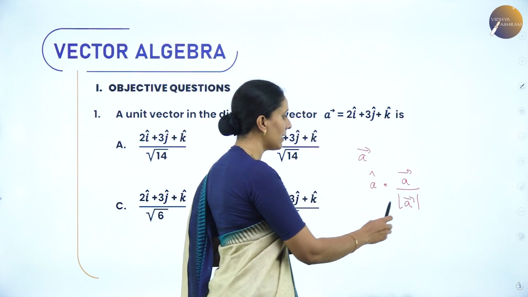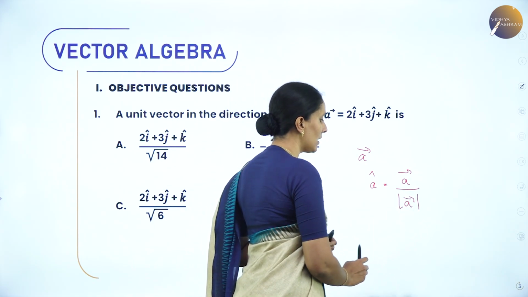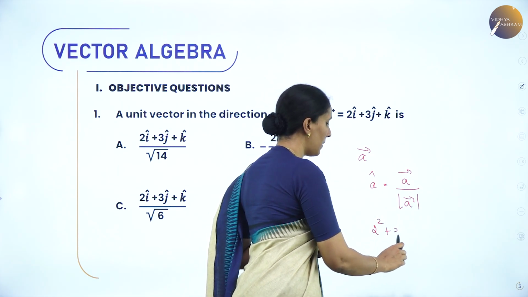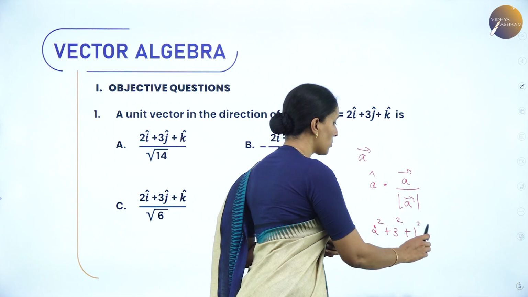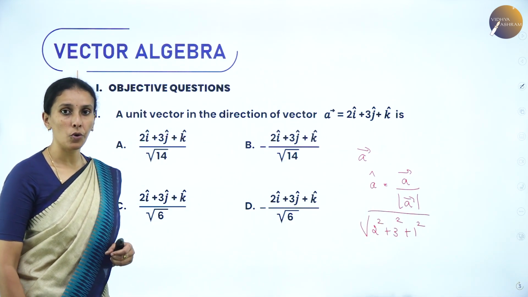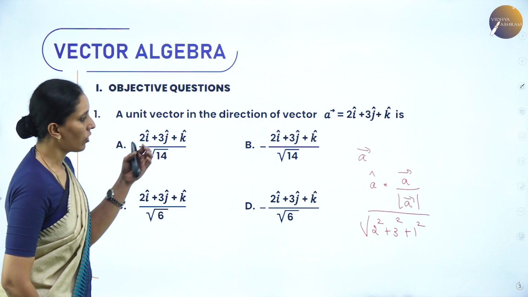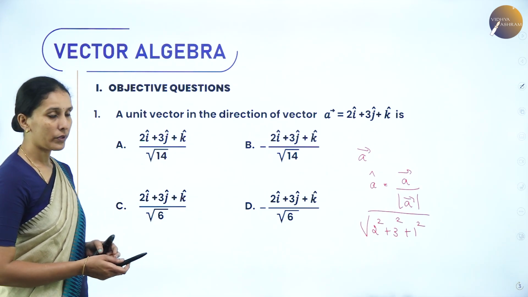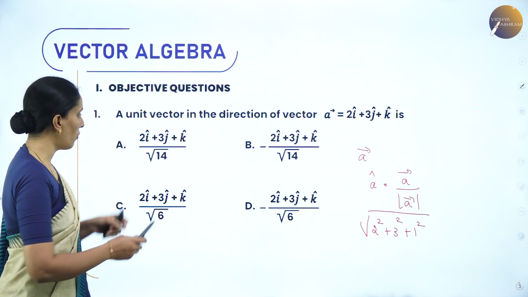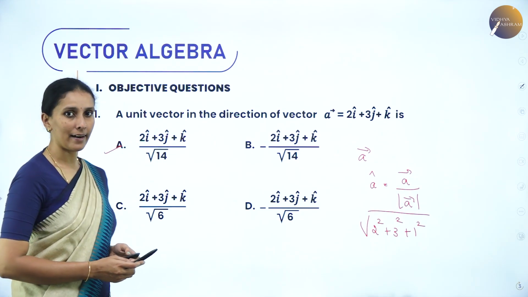So if I calculate the magnitude of vector A, then it is 2 square plus 3 square plus 1 square under the square root, whose value is equal to root 14. So it is always vector A divided by magnitude A. So now vector A is here 2i plus 3j plus k over root 14. Hence option A is the correct answer.